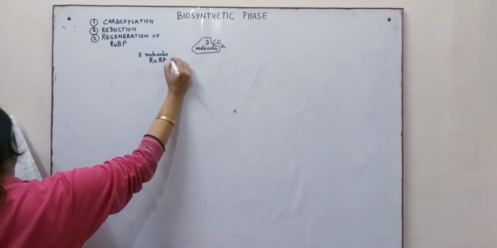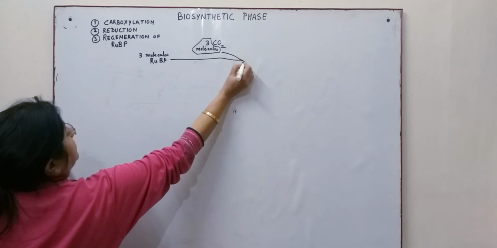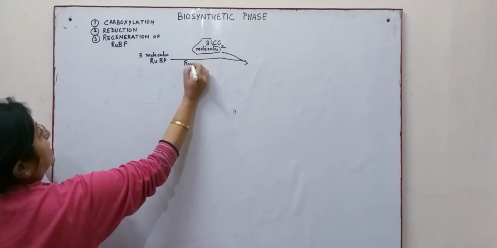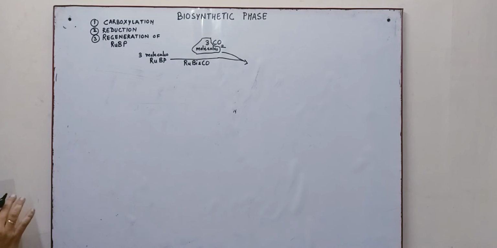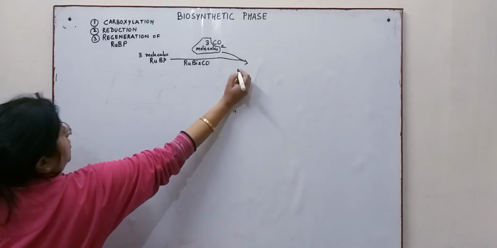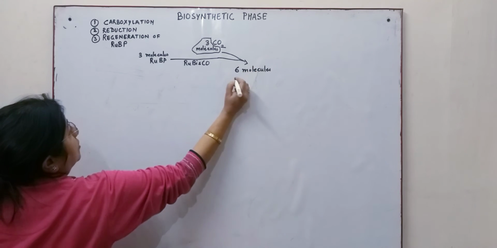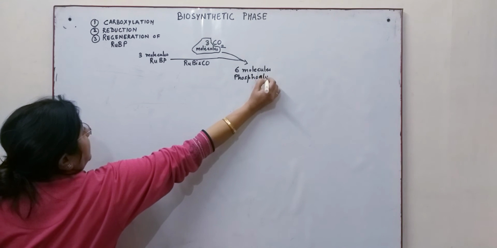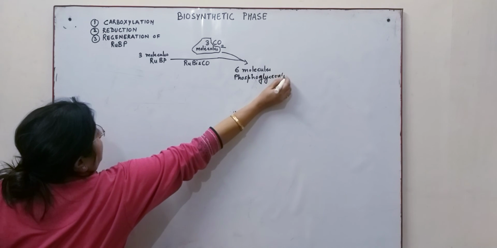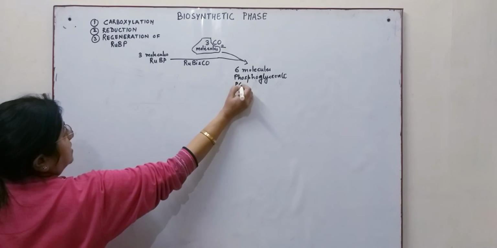Now this RUBP and the carbon dioxide, in presence of enzyme Rubisco, combine to form a product which is 6 molecules of phosphoglycerate or phosphoglyceric acid. Now it is also written as PGA.